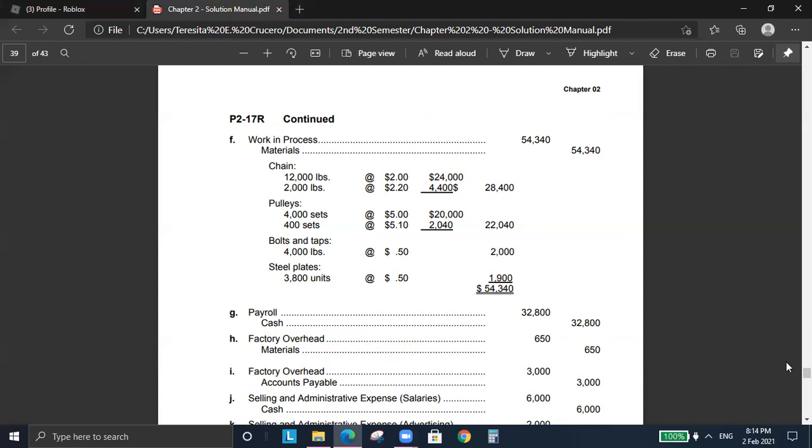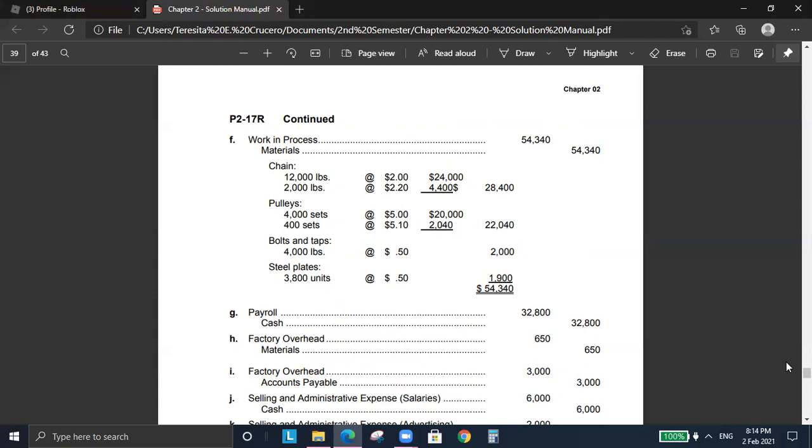And during the month, total number of pounds of chain is 4,000, with a total cost of 8,800. So that's 2 pesos and 20 centavos. And only 2,000 pounds are used in October. So we now get 4,400 for the 2,000 pounds.